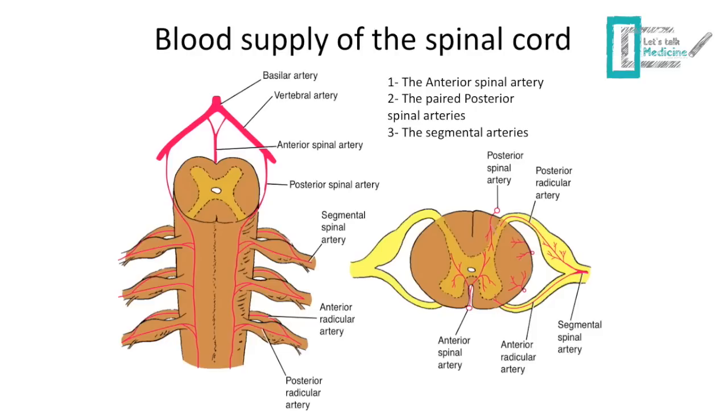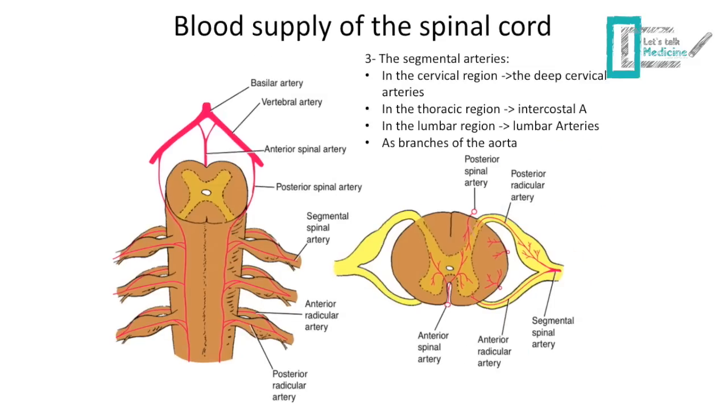As the segmental arteries enter the segment, they divide into 2 branches, one posteriorly and one anteriorly. The anterior branch is called the anterior radicular artery, and the posterior branch is called the posterior radicular artery. Both arteries supply the anterior and the posterior roots of the spinal nerves, respectively.